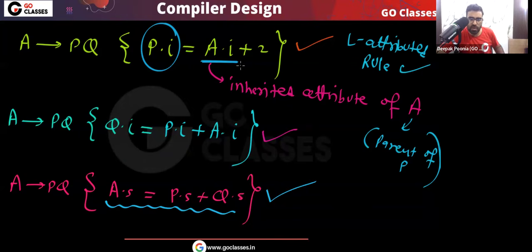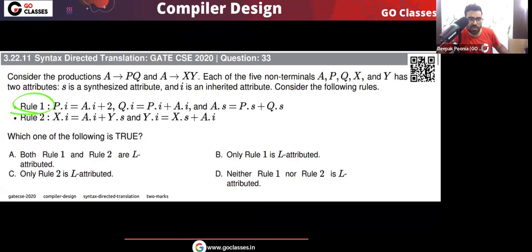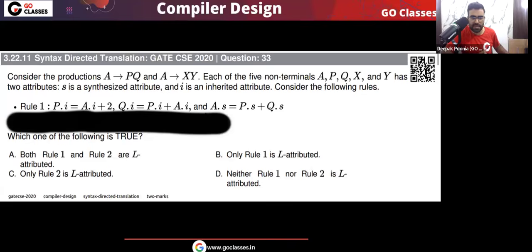So I can say that all three rules in rule number one, we have a total of three rules, are L attributed rules. This one is an L attributed rule, the next also, and the next also. So rule number one is an L attributed rule.